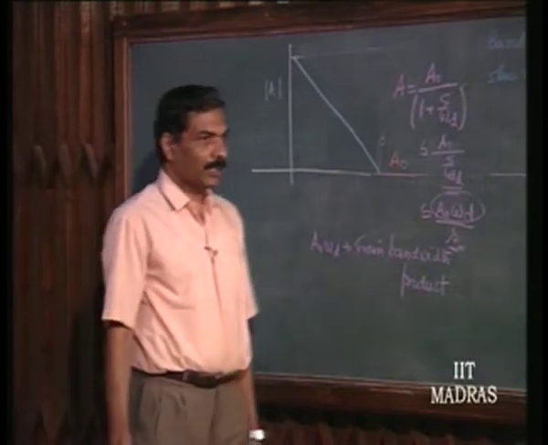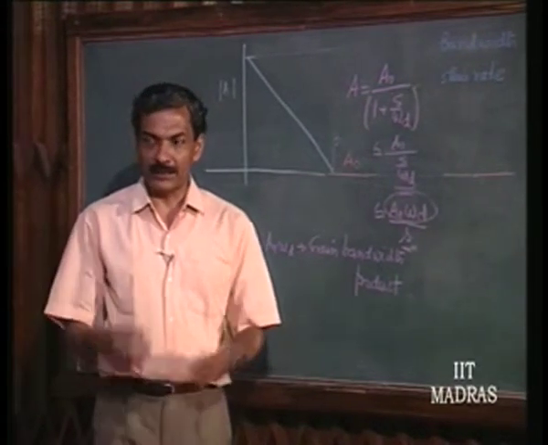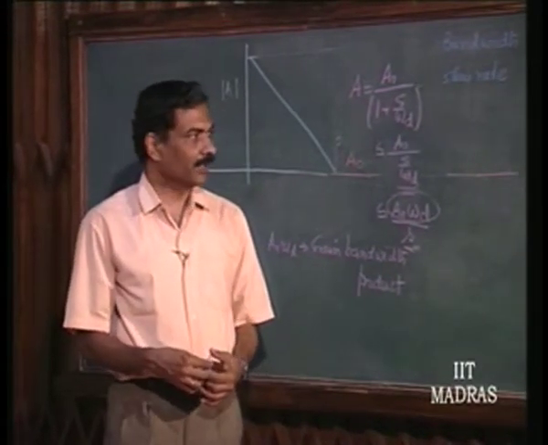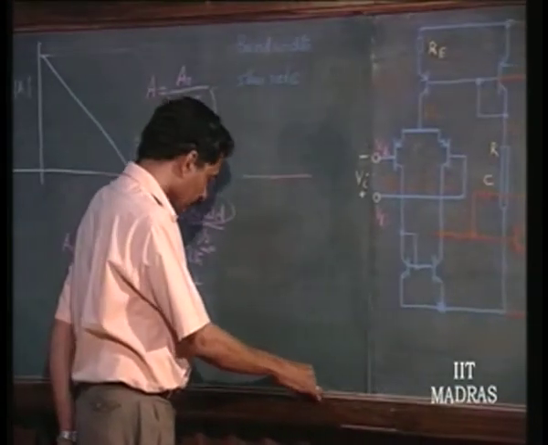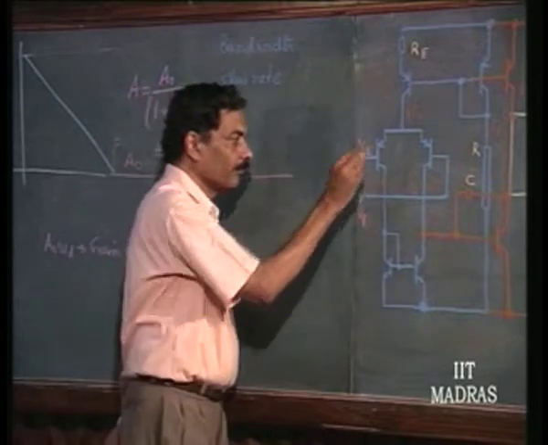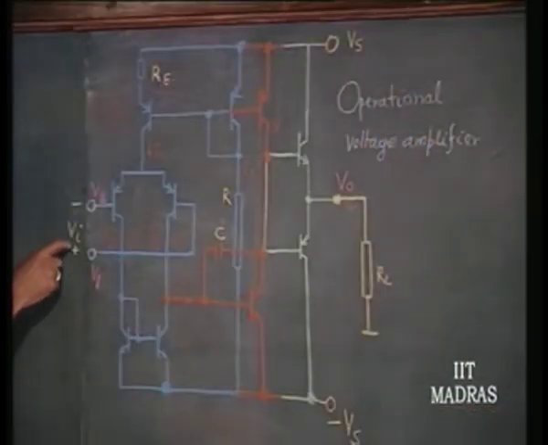So, let us now see how this can be roughly estimated from the internal structure. That is what we are interested in finding out. Let us once again come to this. This is V2, V1, and this is Vi.